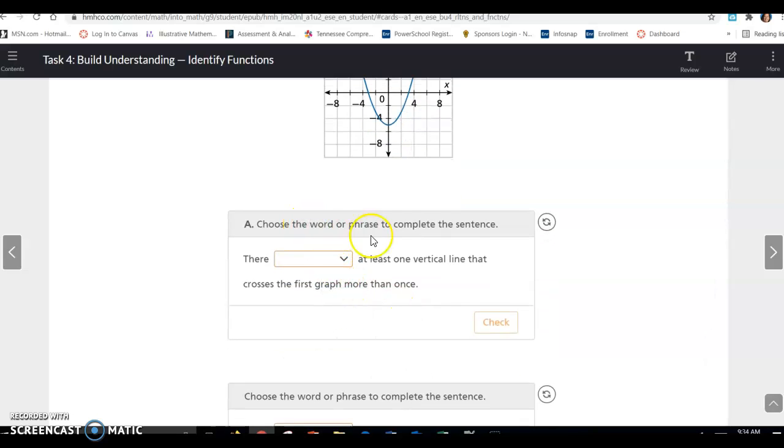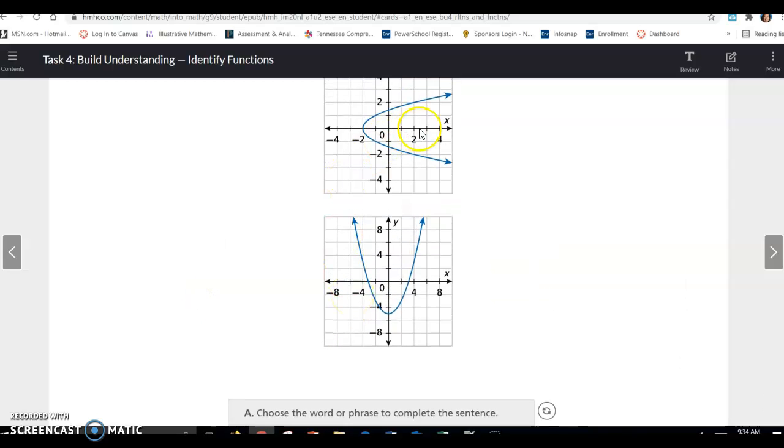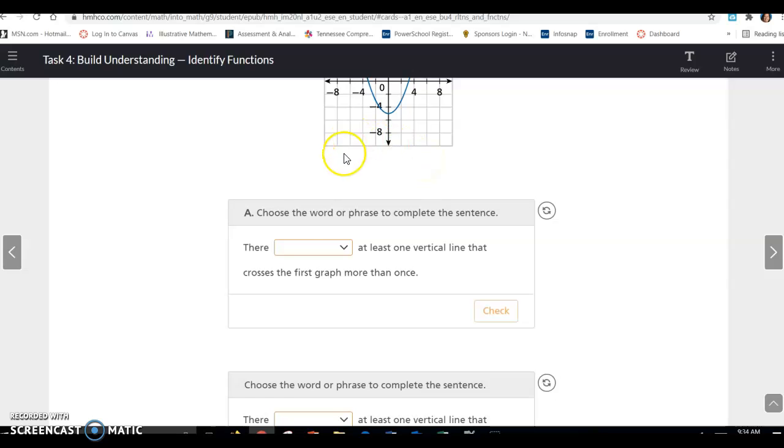So it says choose the word or phrase to complete the sentence. There is or is not at least one vertical line that crosses the first graph. Okay, so the first graph, it's sideways. So yes, there is at least one vertical line that crosses the first graph more than once.